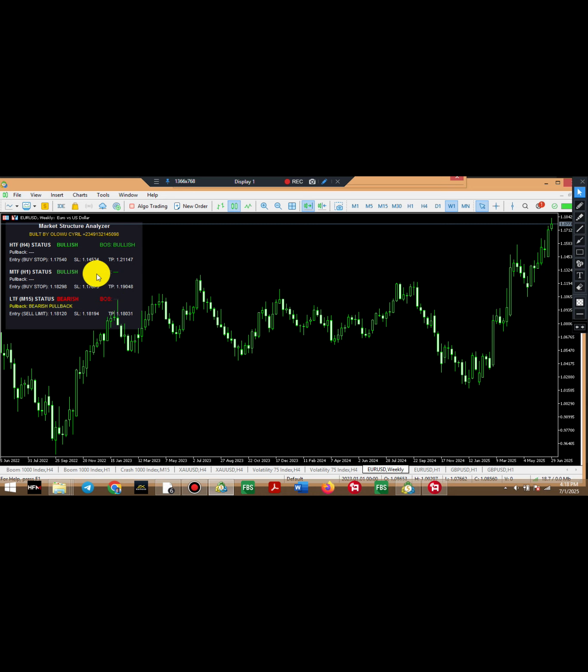It's also telling you now that it gave another signal on the H4. That means a buy stop, that when price gets to this level, you should take your entry at this point.